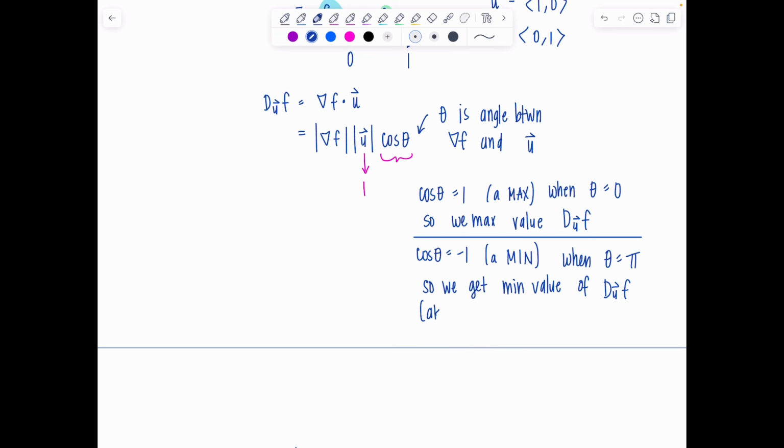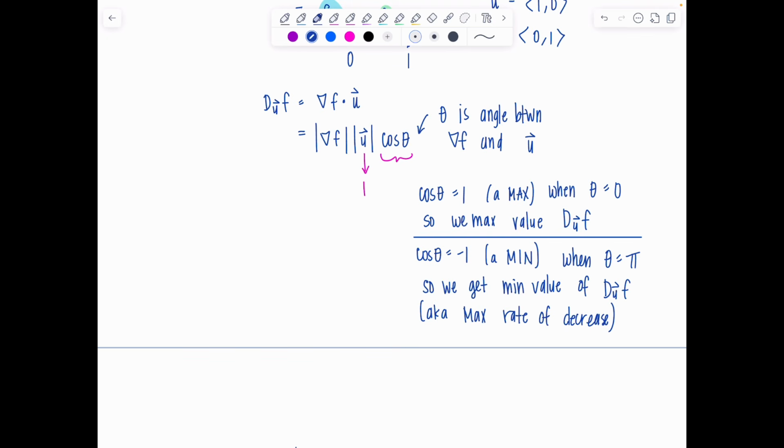This is also called the max rate of decrease. Okay. And then another option is cosine theta 0, and that happens when theta is pi over 2, good. And then that means basically the function values aren't changing. I go into this in more detail in the introductory video lecture on the gradient and directional derivatives. So I'll link it in the description if you haven't watched it.